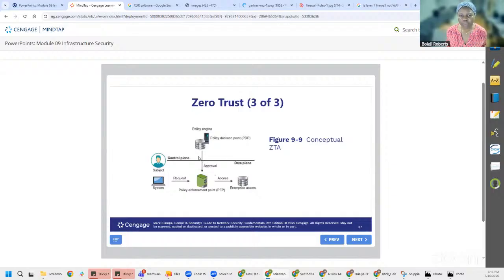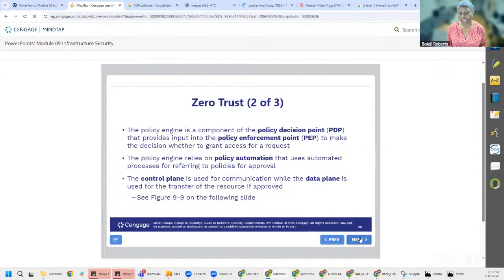Policy decision point says, oh, it meets the access, and then it grants access. If it doesn't meet the access, it does not grant access. So there's a separation between the control plane, where the authentication and authorization happens, and the data plane. That is the concept of the zero trust architecture.